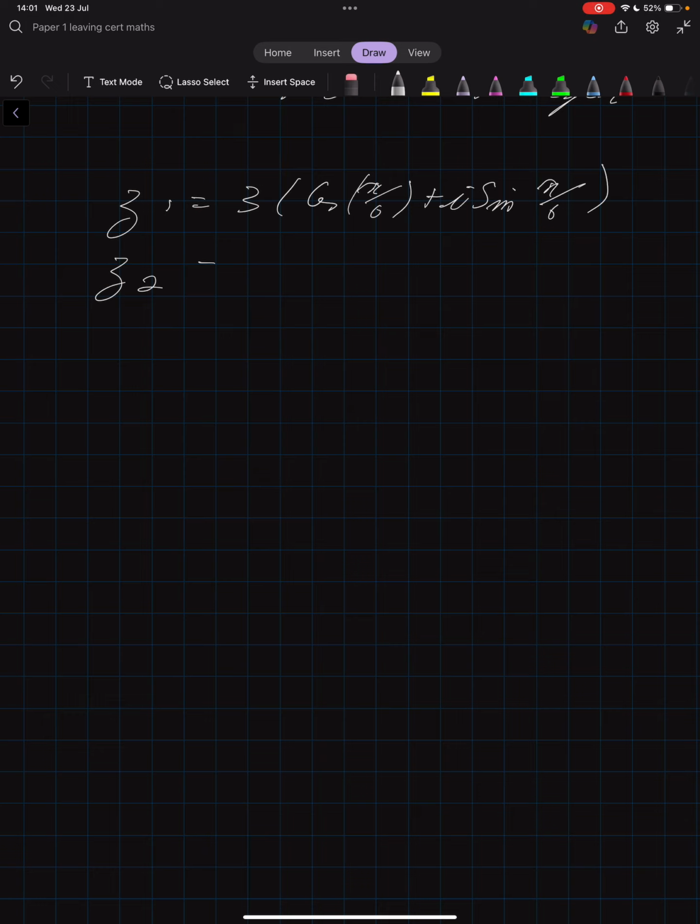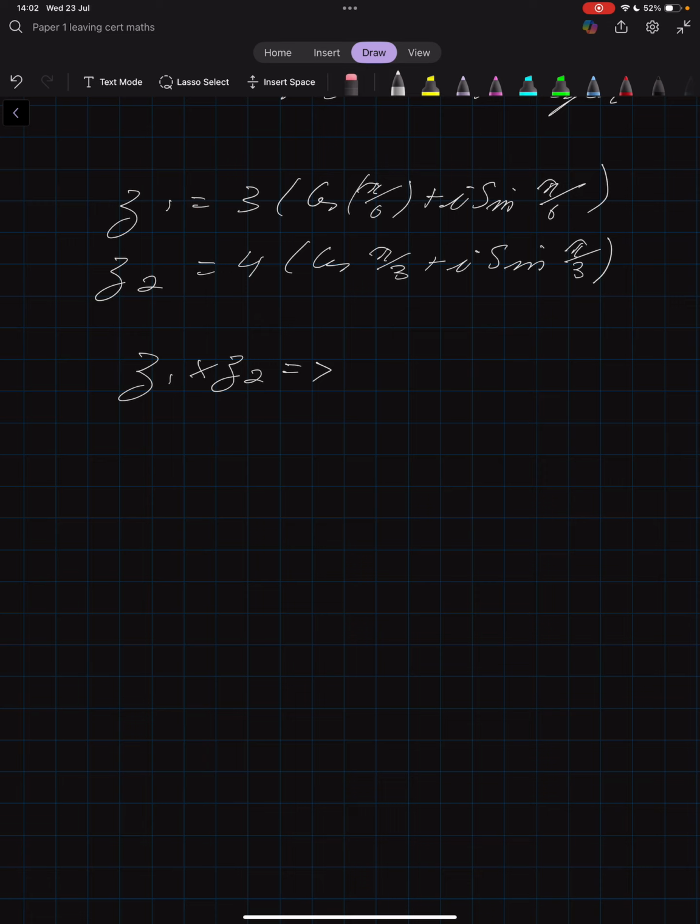And z2 is equal to 4 cos pi over 3 plus i sin pi over 3. Okay, so these are two complex numbers. All right. Now, they ask you what is z1 multiplied by z2.